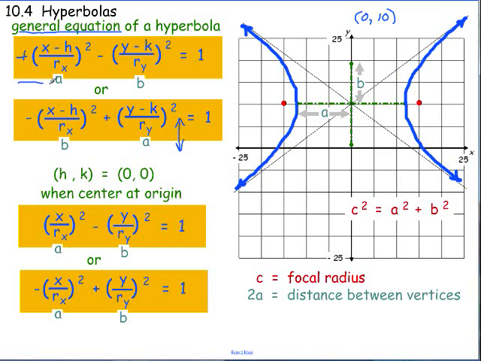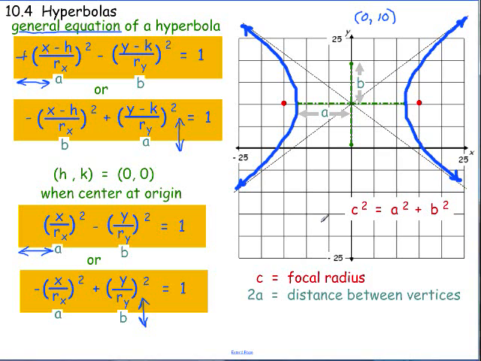It's probably worth it when you're first looking at an equation to make some designation to help you remember where your transverse axis is. Now, the special case where the center's at the origin makes for a much neater looking formula.